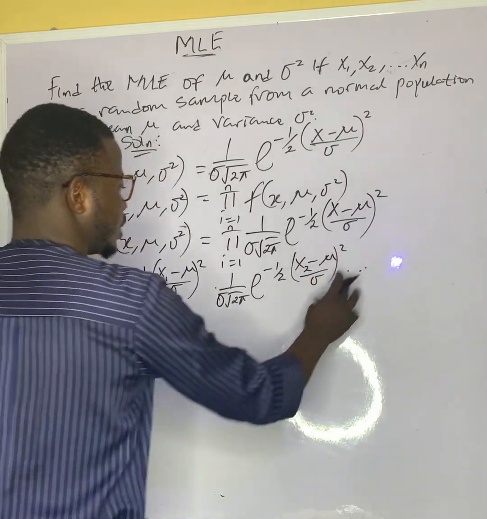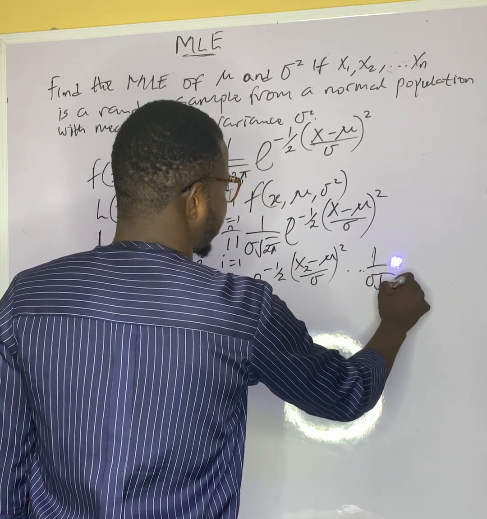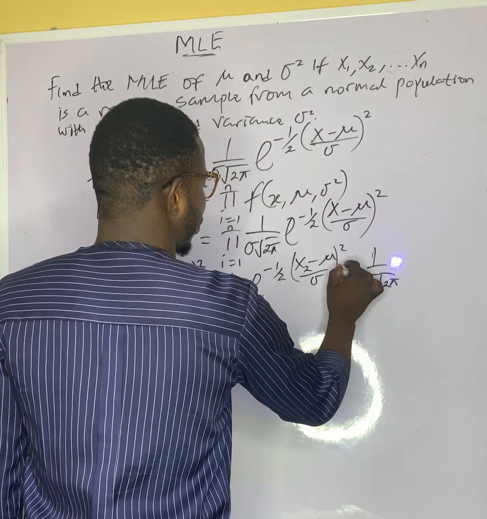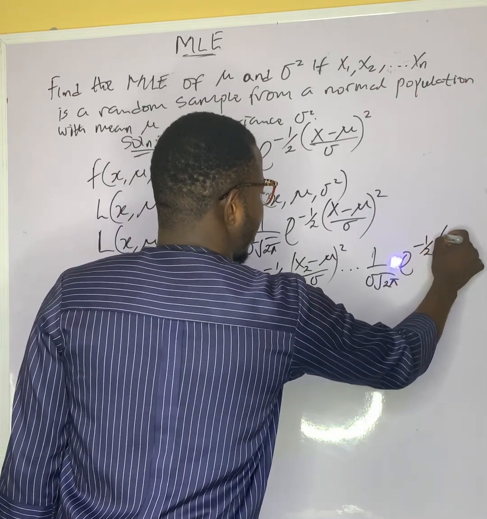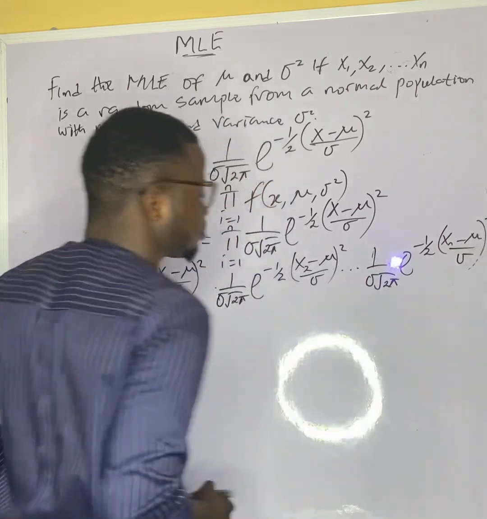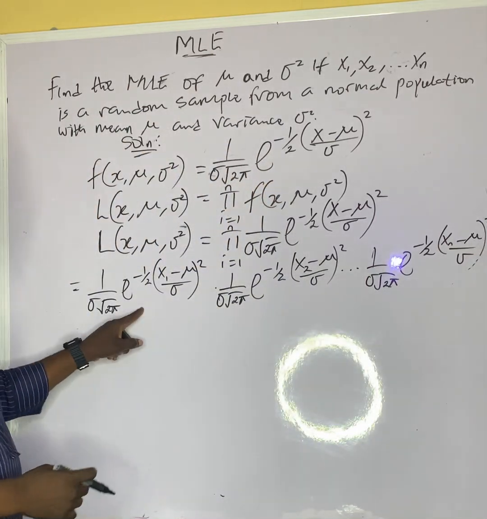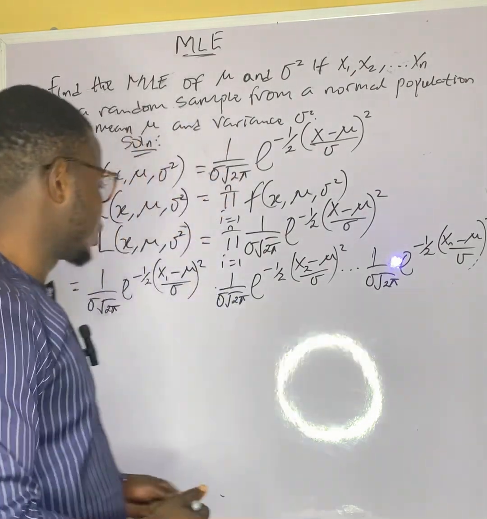Then we put a triple dot in between, up to the last one, where we have 1 over sigma square root of 2 pi exponential minus 1 over 2 times (xn minus mu over sigma) all squared. So now we have the first random sample, the second one, up to the nth sample.